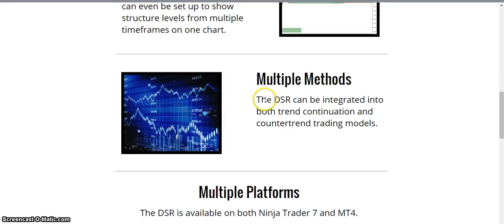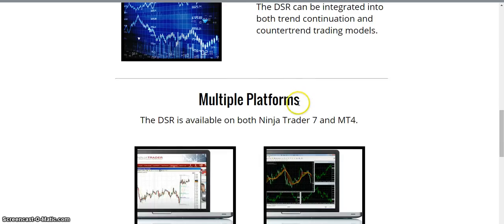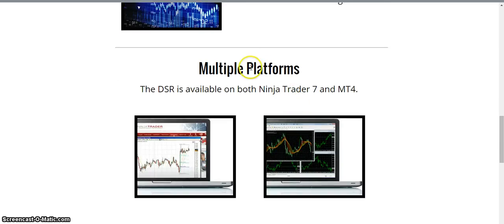It can be used for multiple methods. So if you're trading a trend continuation or counter trend model, then this tool works for you, and it will show you where the support and resistance areas are. It can also be used on multiple platforms. I currently use it on the MetaTrader 4 platform, but you can also use it on the NinjaTrader platform.